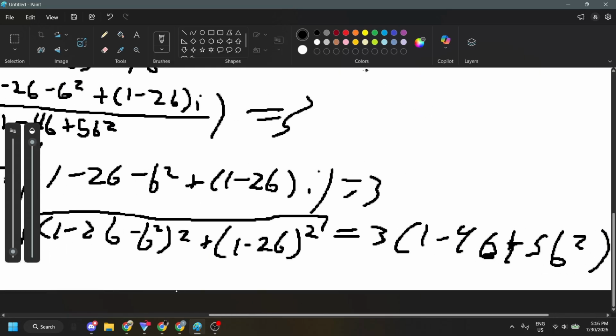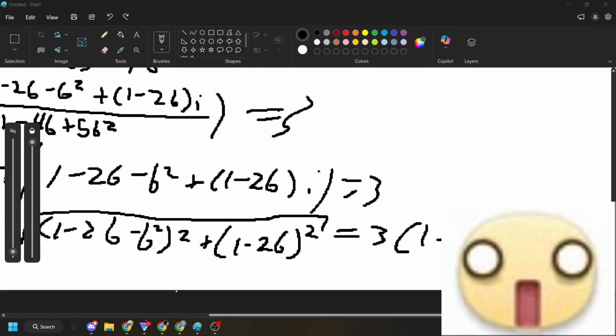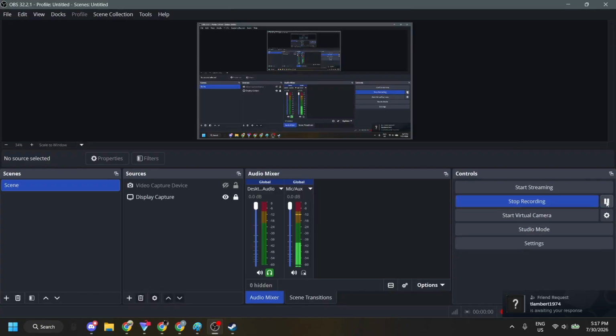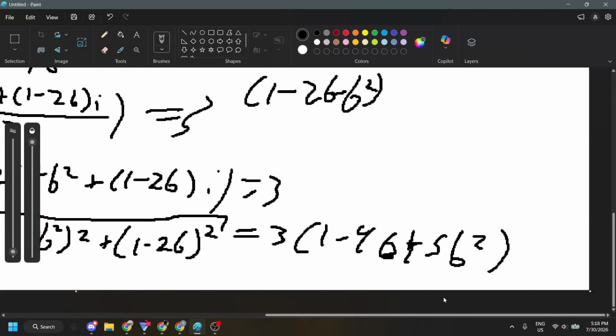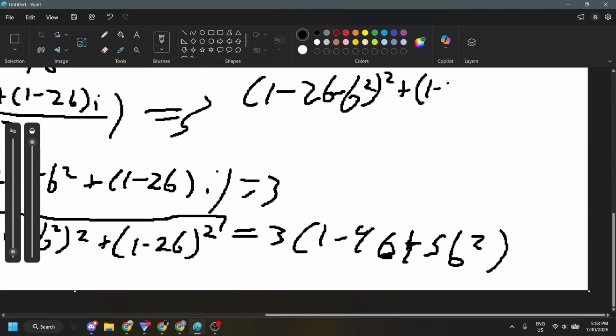So then if we expand this, it's going to be 1 minus 2b minus b squared, squared, plus 1 minus 2b squared, is equal to 9 times 1 minus 4b plus 5b squared.